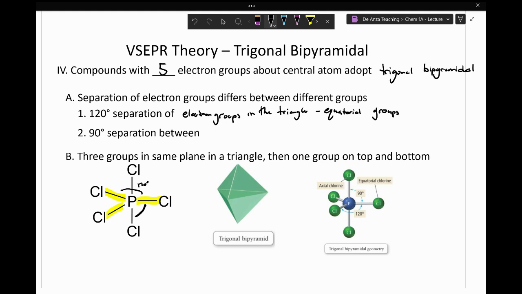So that's the separation between equatorial, our triangle groups, and groups outside the plane of the triangle. We'll call those groups that are outside of the plane of the triangle the axial groups.